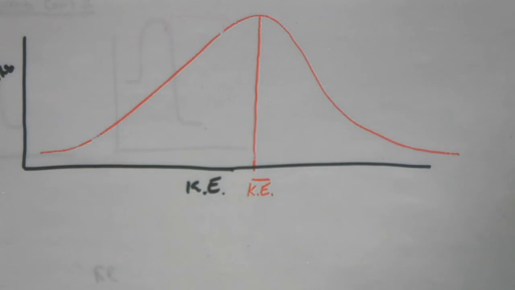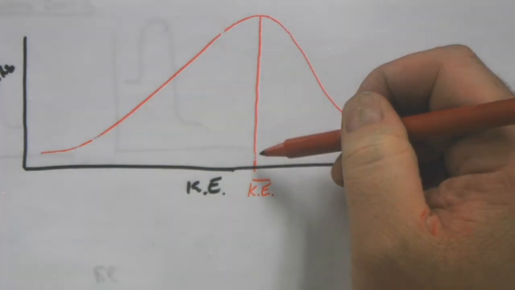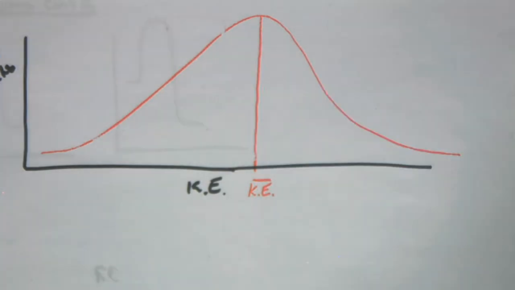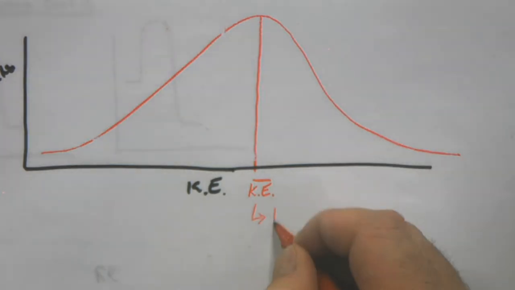And right in here, on this line, this is where we have the average kinetic energy of all the molecules. Now, we've talked about this before. We've established what the average kinetic energy of molecules is. And this is temperature.